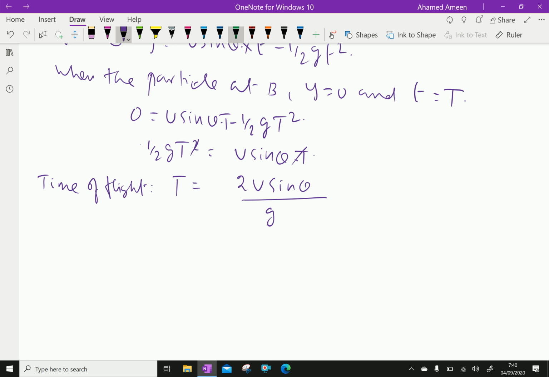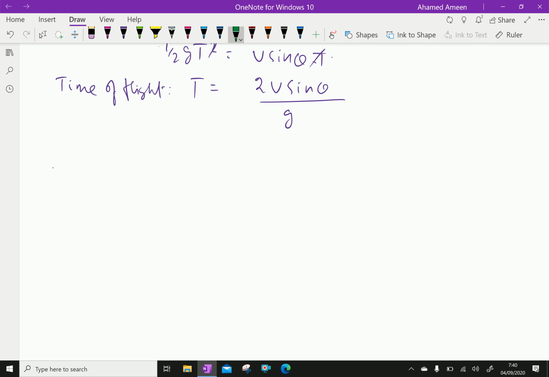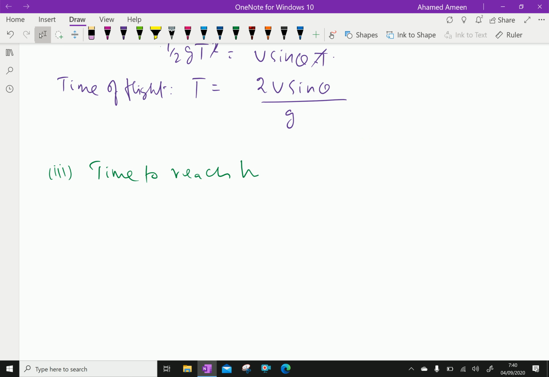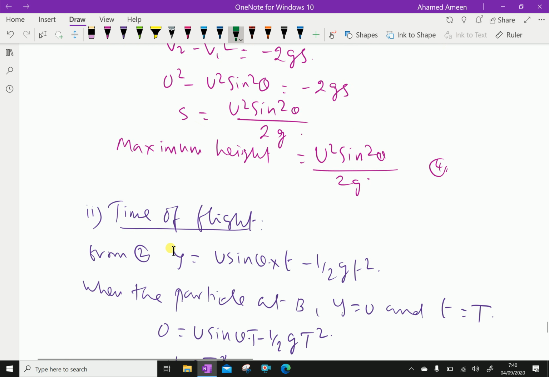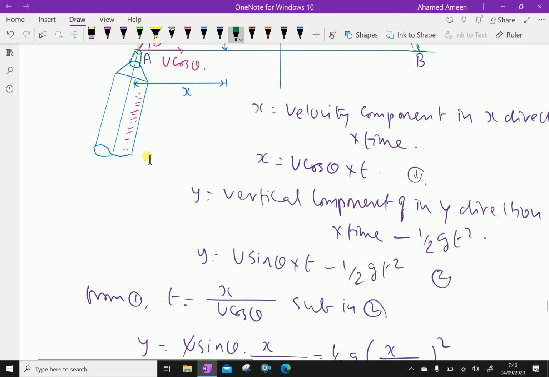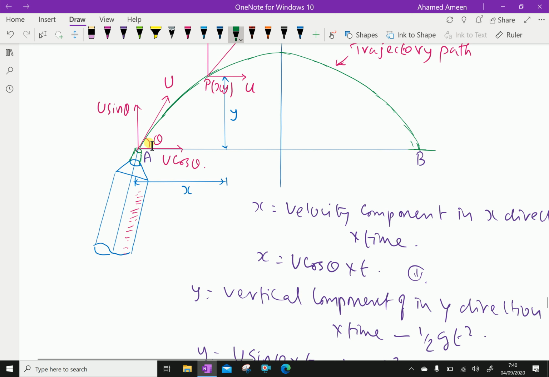Next, third, time to reach the highest point. Time of flight means the total time taken from the particle at A to B, but the time to reach maximum height is the total time of flight divided by 2.